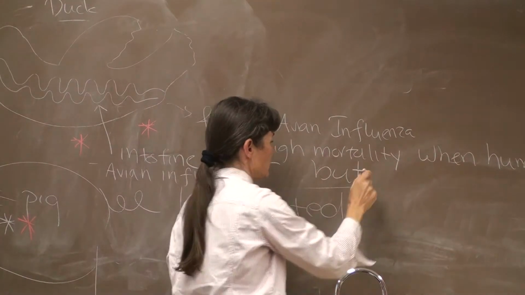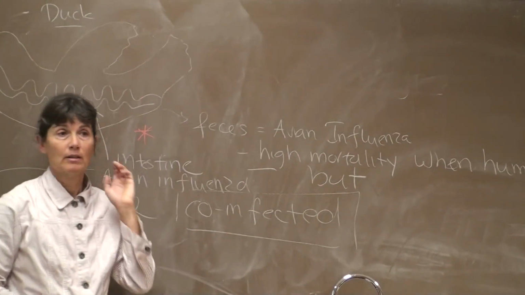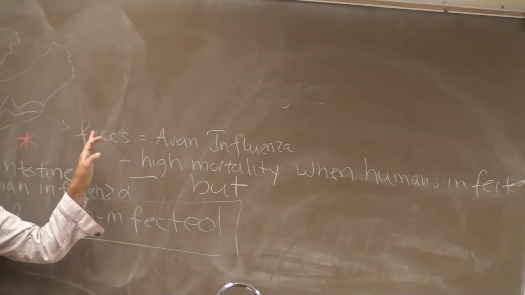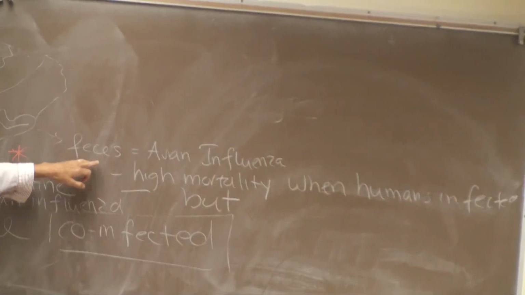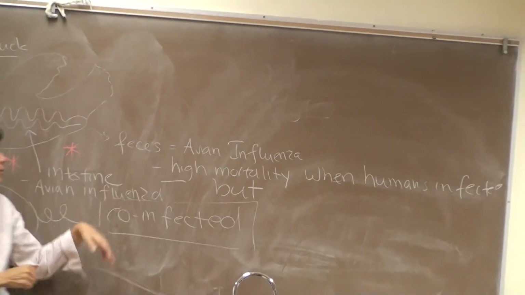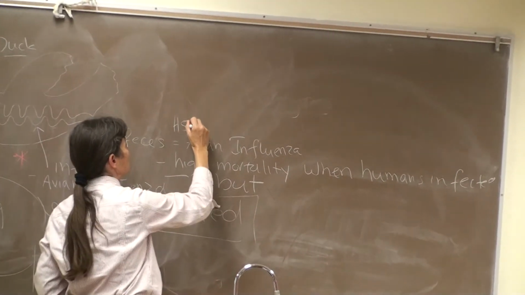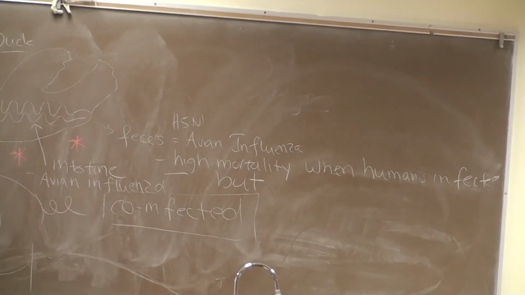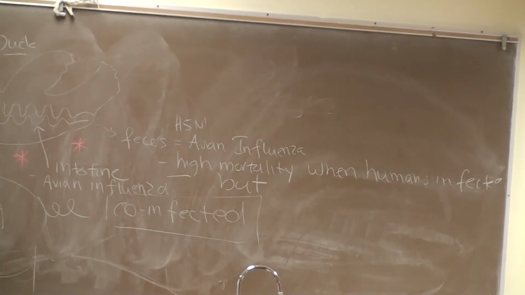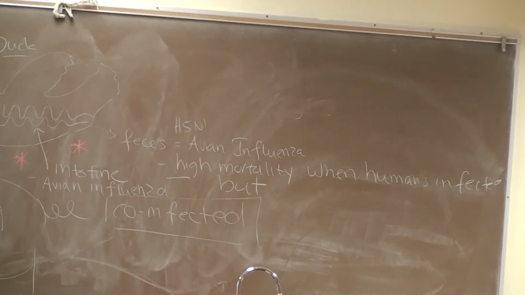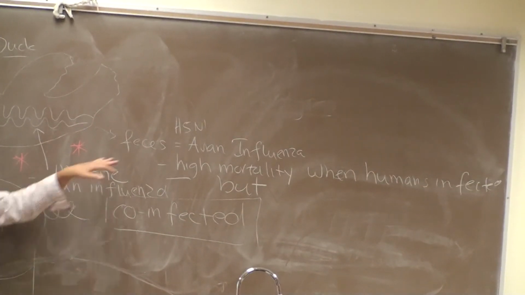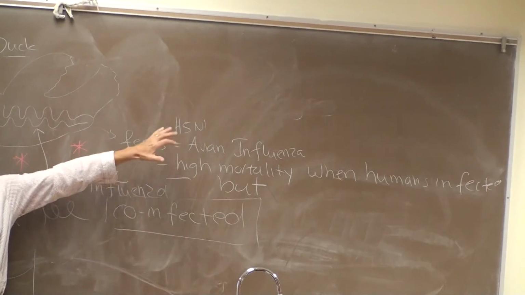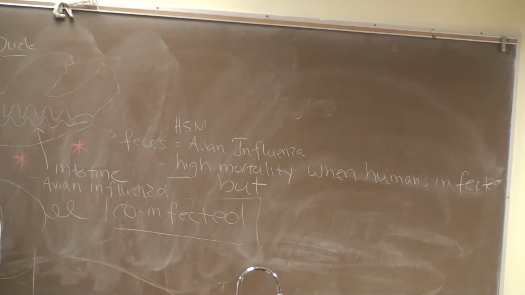But what about transmission human to human? You remember, and I know we're covering a lot of territory here, because we said these avian influenzas like H5N1 have really high mortality rates in humans, but the reason we aren't all dead yet is because what? What about human-to-human transmission of the avian strains? Really low. Rarely.